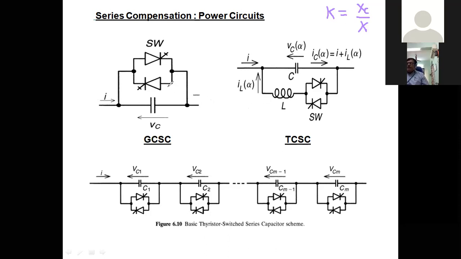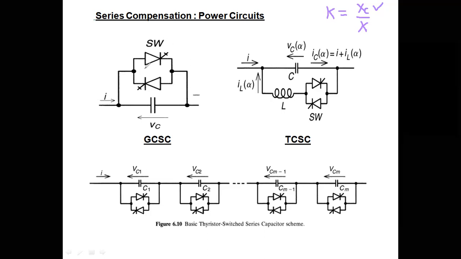So here in the first diagram, we place a series capacitor, and we use this technique, that is GTO. In this one, you can see that this switch consists of a GTO. How to represent a GTO?